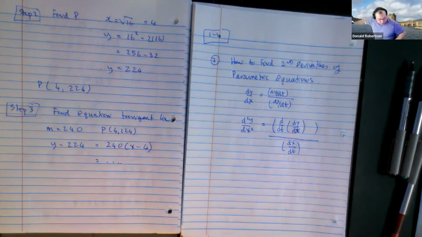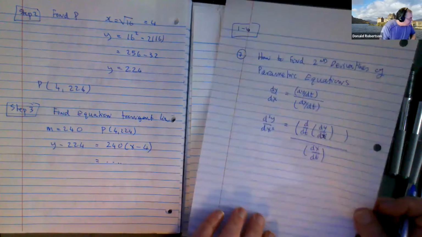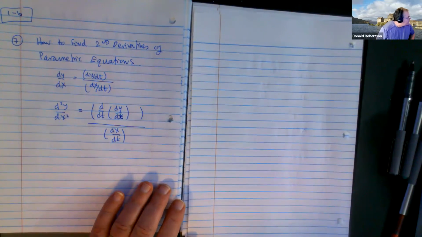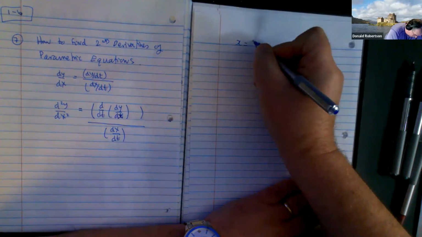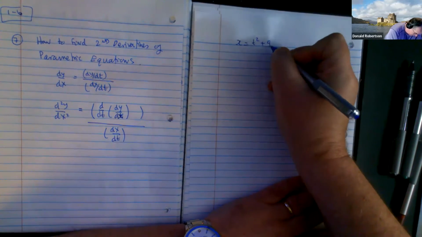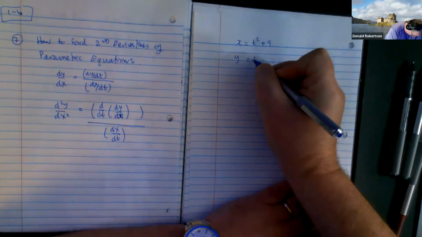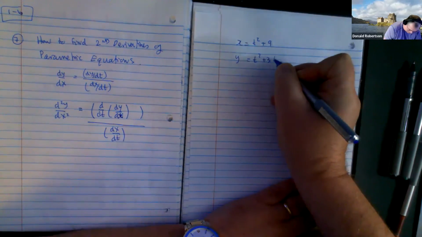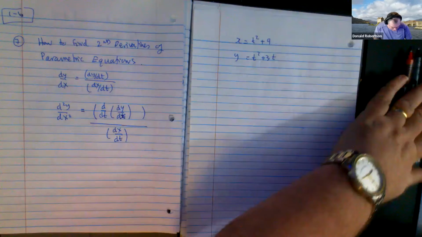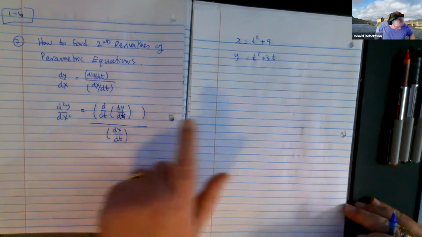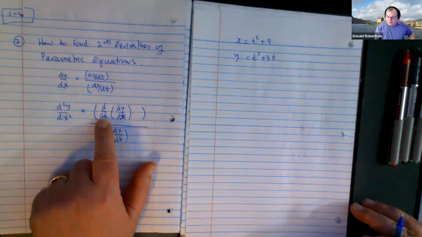So let's pick a question and find the second derivative. So I think it was question 7. So let me scroll to 7. x is t squared plus 9. y is t squared plus 3t. Thankfully, they're doing it with polynomials. If you made these really ugly, this becomes horrendously messy algebraically.